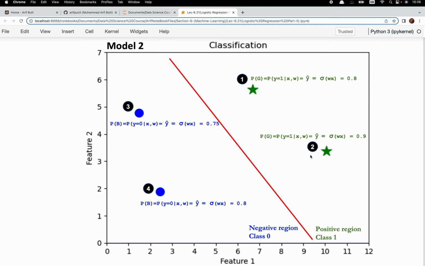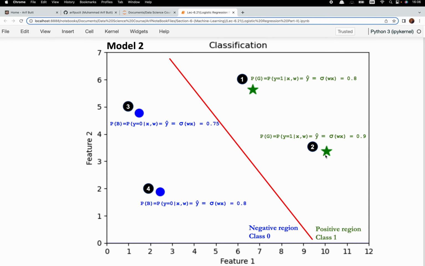Similarly, consider this data point 2 now, and somehow we get a y hat or probability of 0.9. This means the model, this red line, predicts that there is a 90% chance that this data point 2 belongs to class 1.